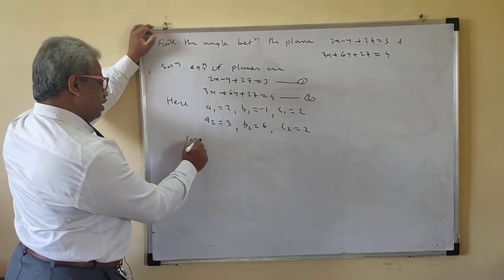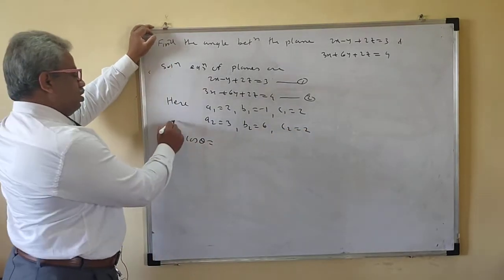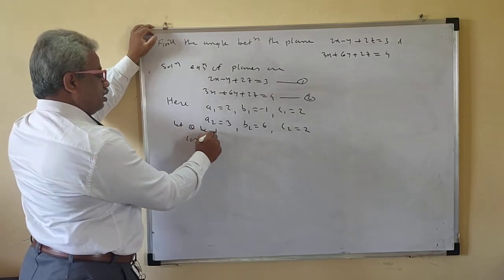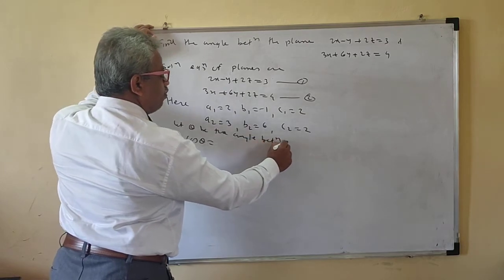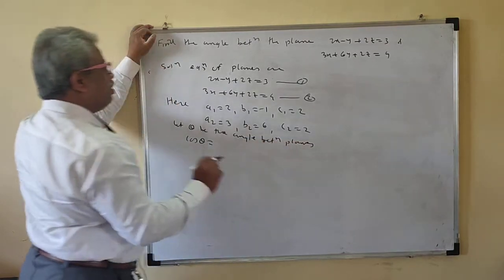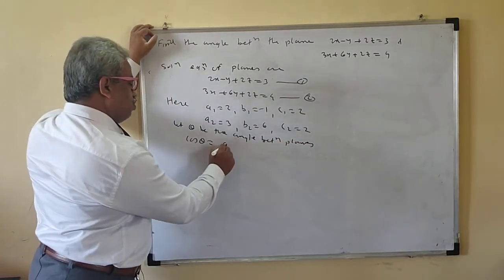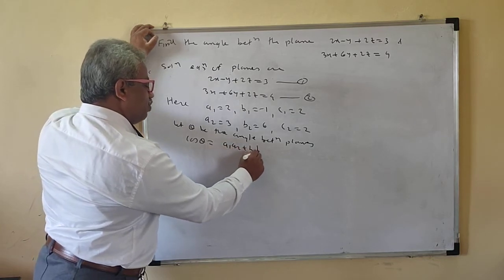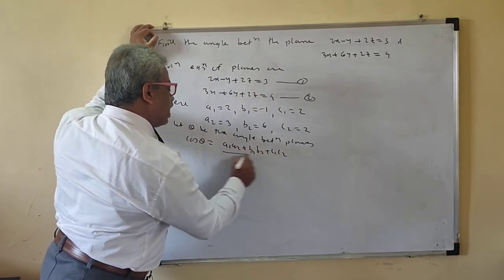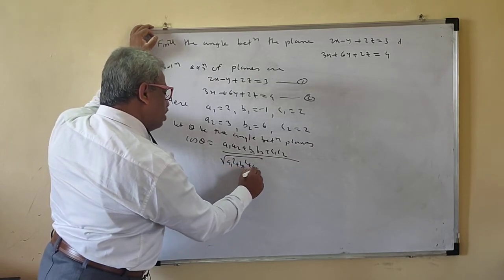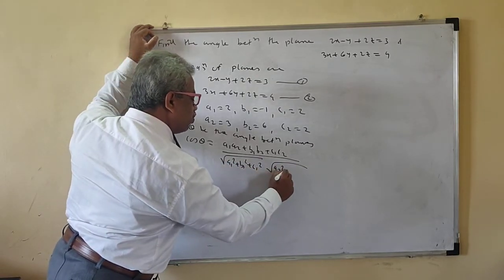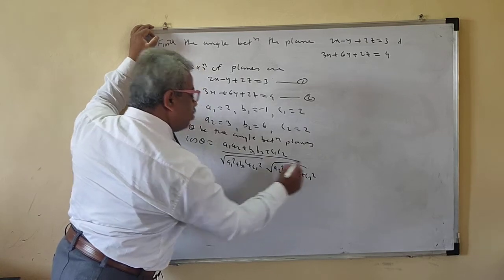So cos theta is equal to A1A2 plus B1B2 plus C1C2 over root of A1 square plus B1 square plus C1 square into A2 square plus B2 square plus C2 square.